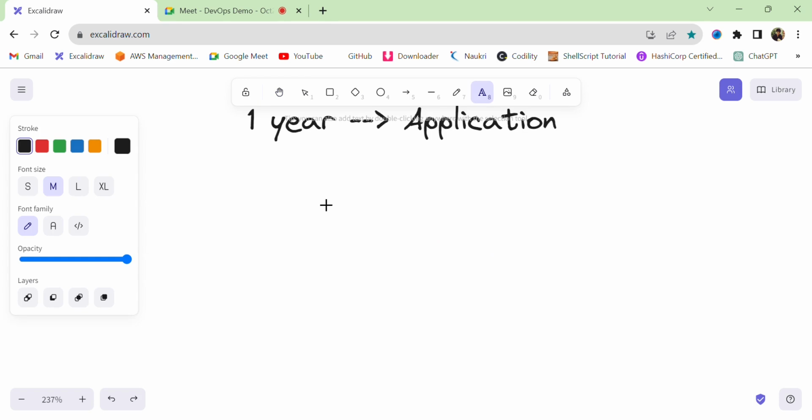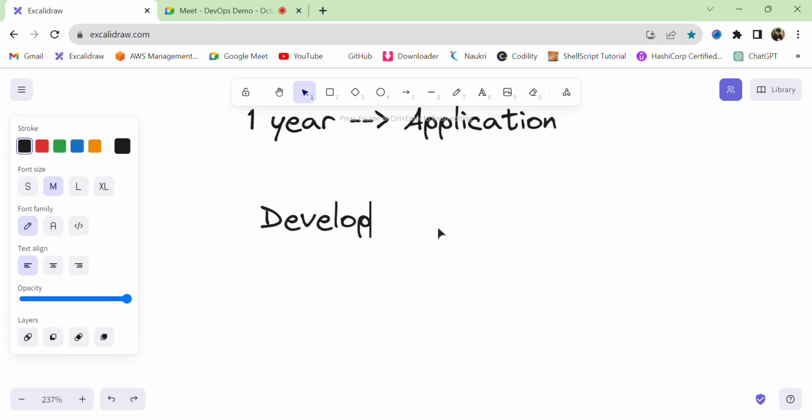The first thing they will do is go to the development team and tell them to write the code, to develop code as per the requirement of ICICI Bank.